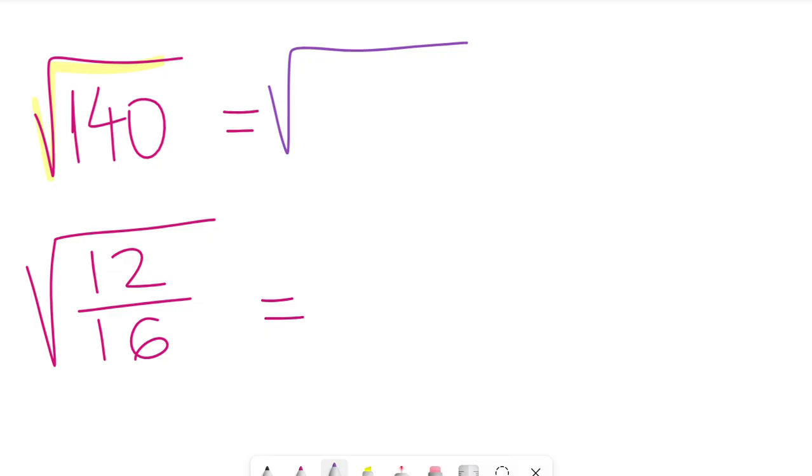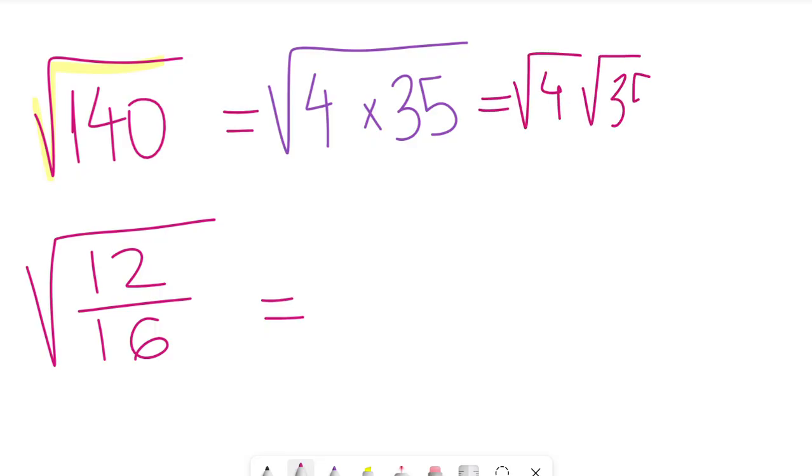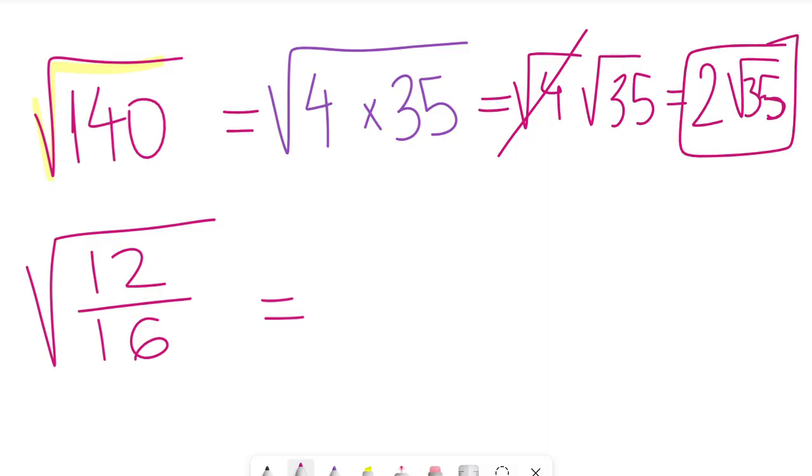Okay, what is that? Give it a try. All right, so we can say, for example, 4 multiplied by 35. Okay, what's that equal to? Square root of 4, square root of 35. We know that square root of 4 is 2, so 2, and we copy square root of 35.